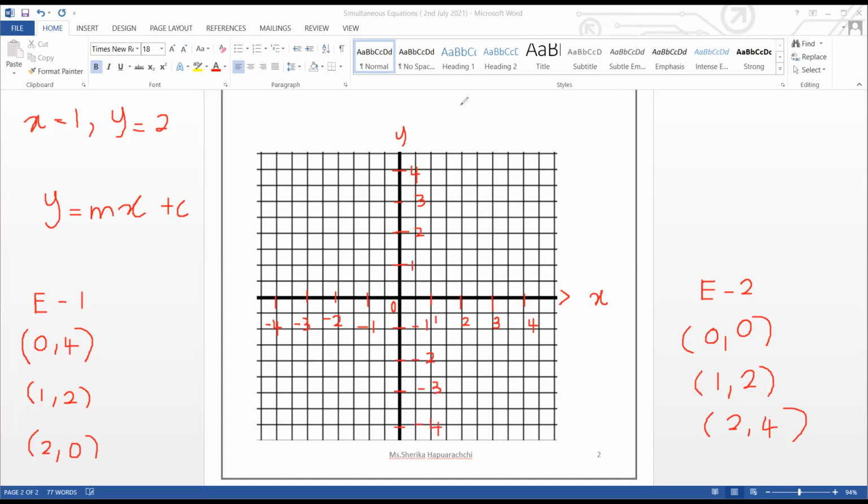So I'm going to use a blue color for the equation 1, right?